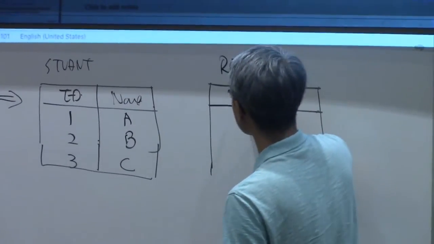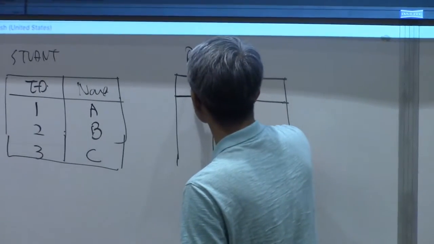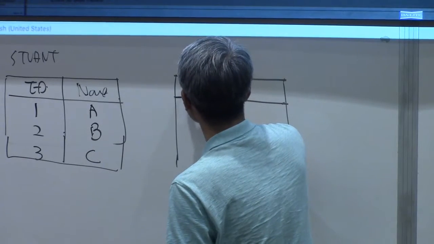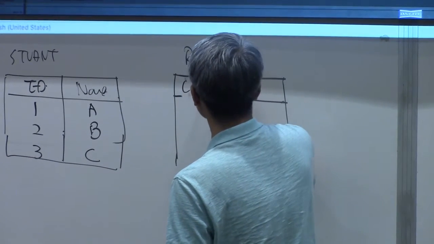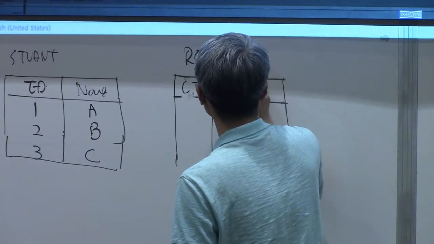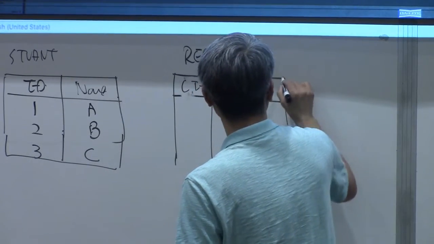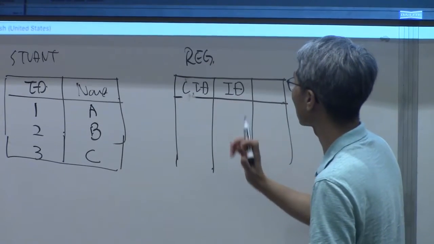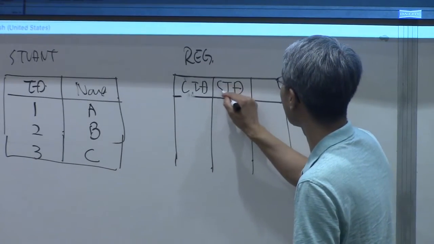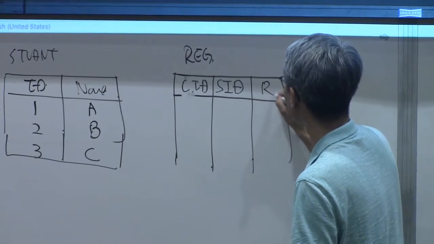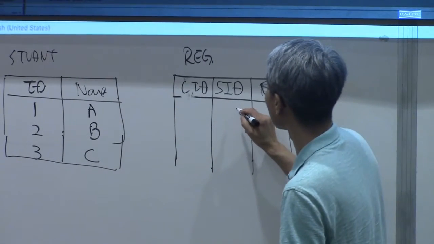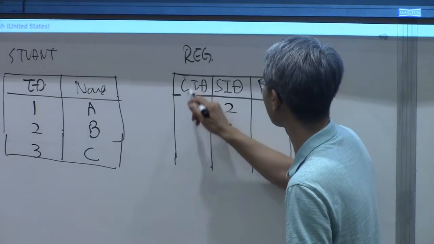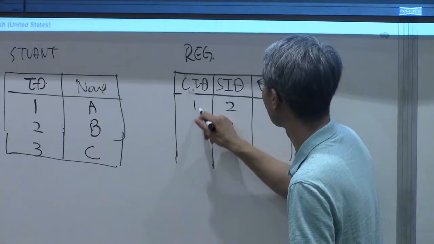So here is the registration information, with course ID and student ID. So for example, the student ID and course ID is 1, 1.